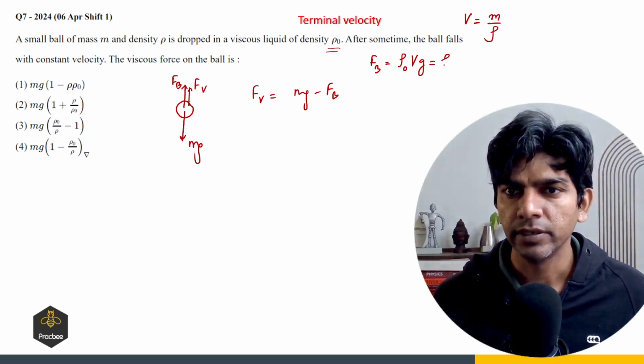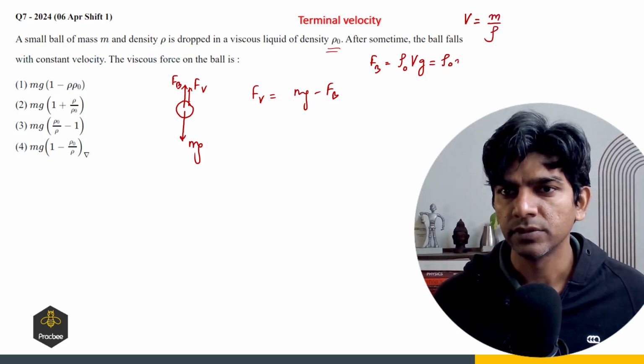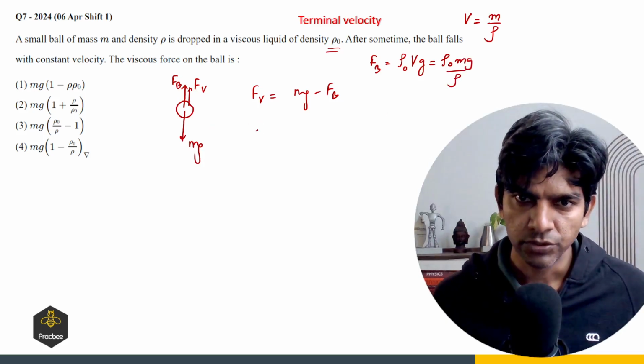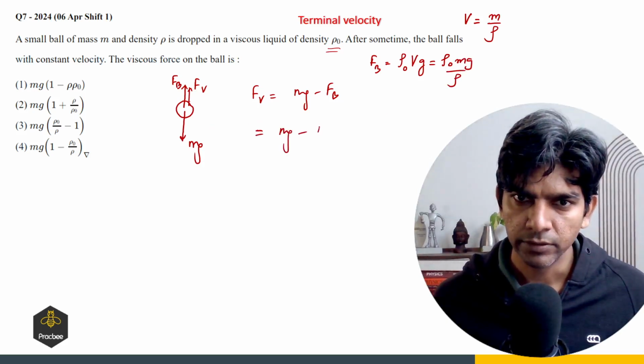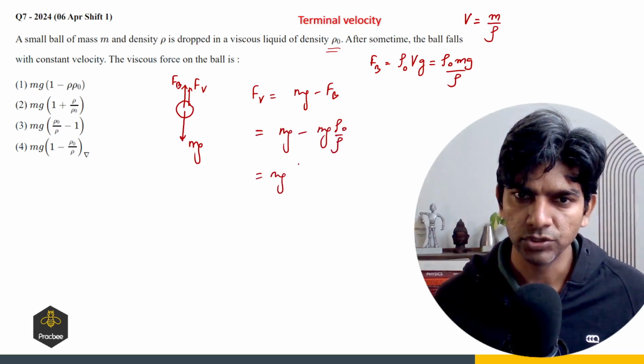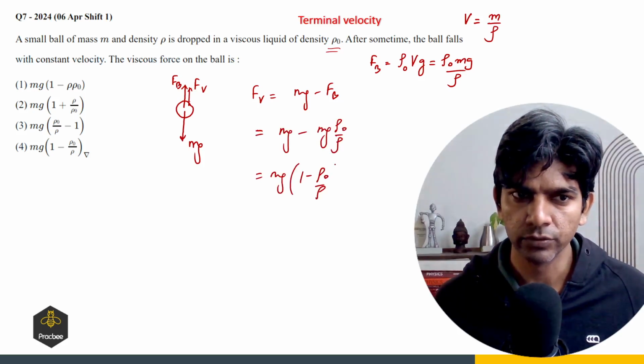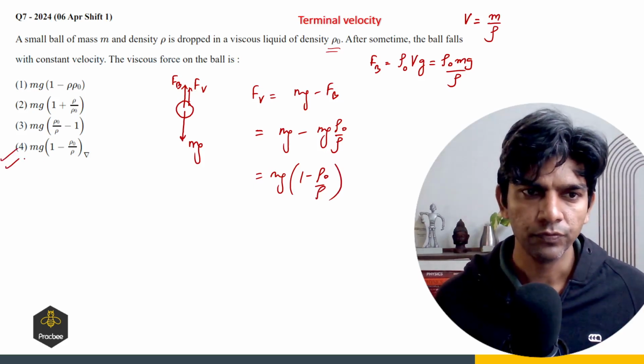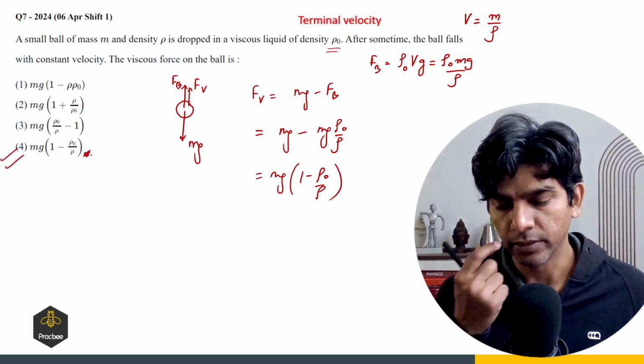So this can be written as rho naught times mg by rho. So let us substitute the value. So mg minus mg times rho naught by rho. So that will be mg(1 minus rho naught by rho). So option 4 is the right answer.